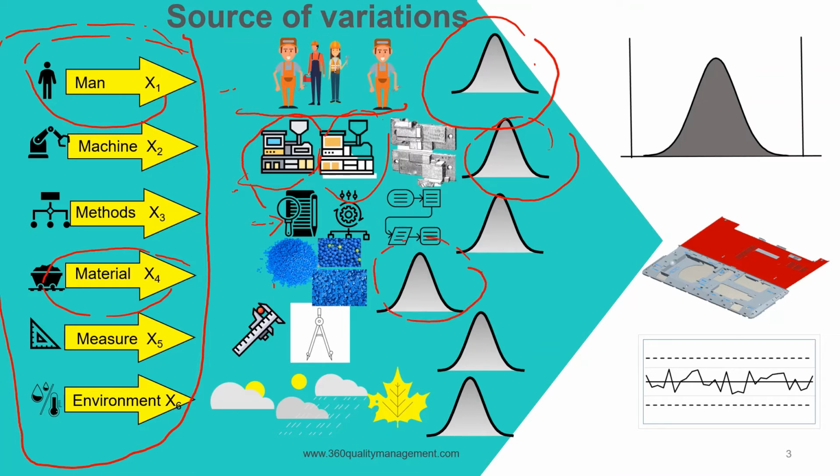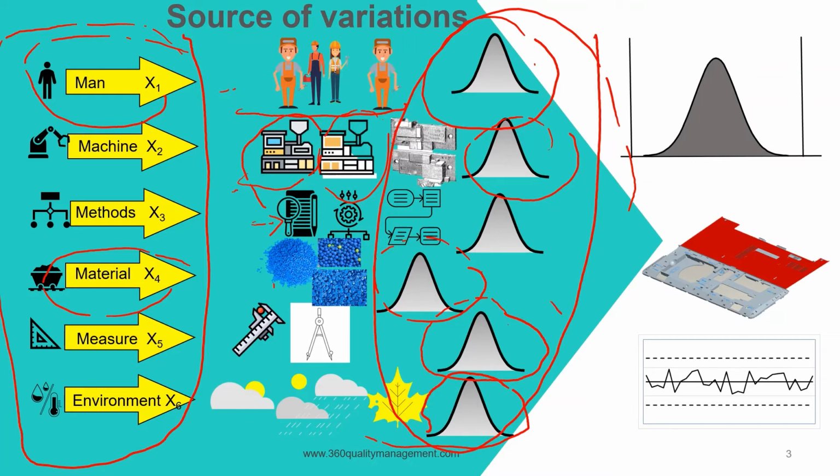The measurement process could also have differences in terms of the person that measures or the condition of the equipment, and next the environment will have changes all the time. So these are all the sources of variations that will cause the process output itself to also have a variation.